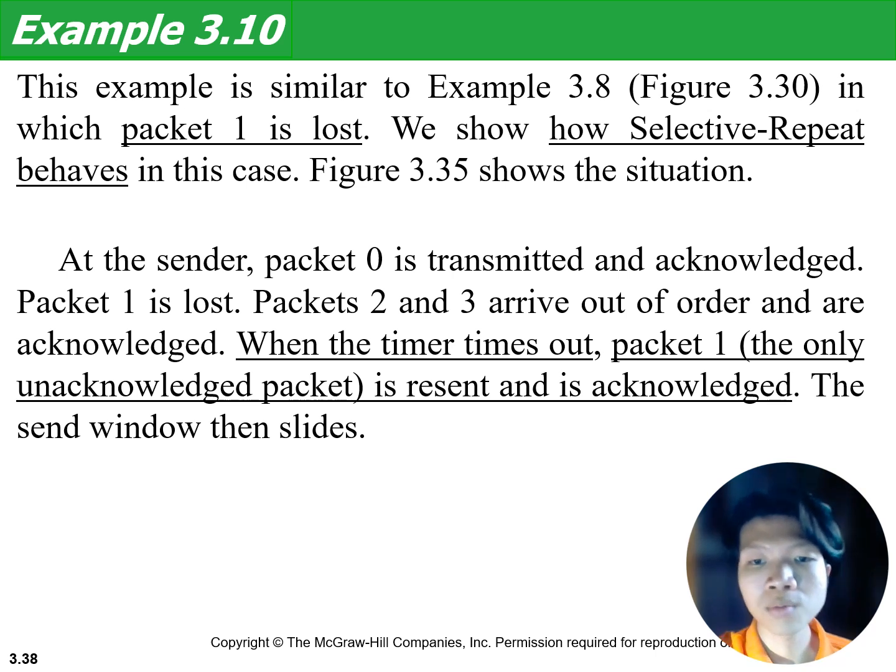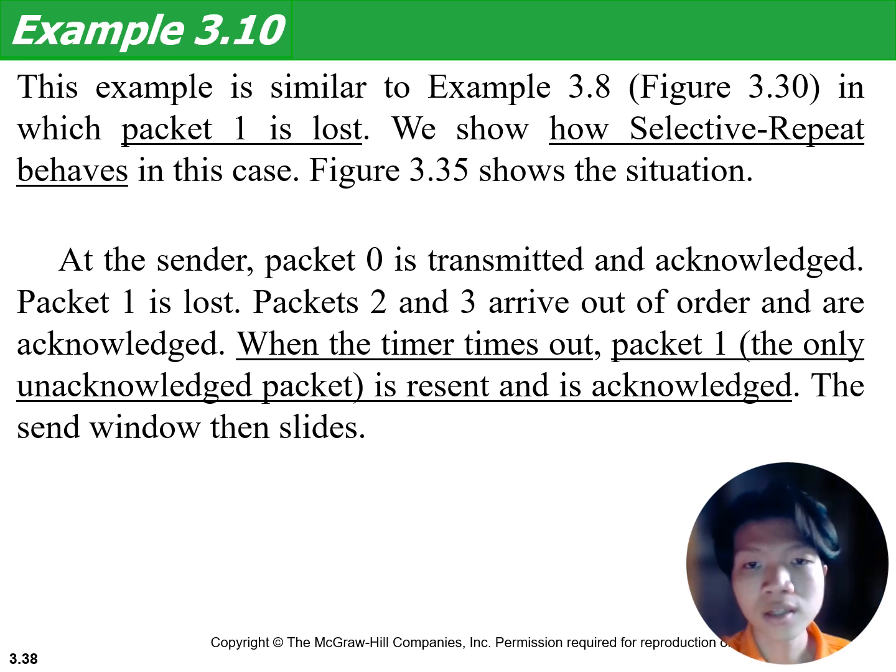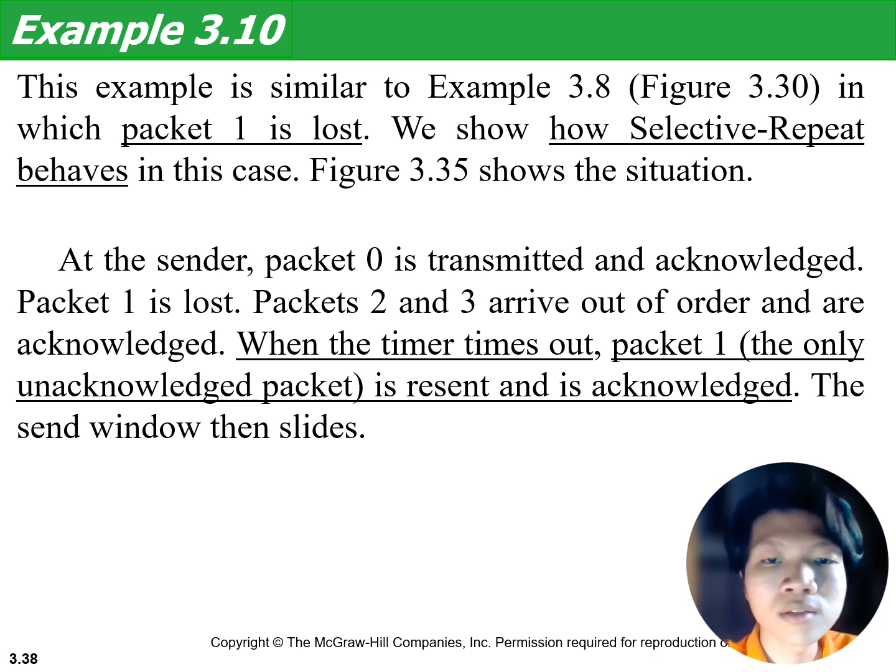Example 3.10. This example is similar to Example 3.8 in Figure 3.30, in which packet 1 is lost. We show how Selective Repeat behaves. In this case, Figure 3.35 shows the situation.